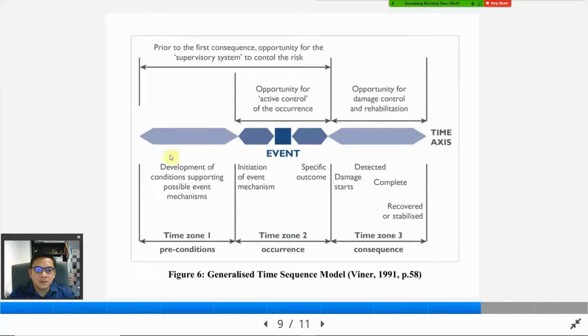So risk will be created here, risk will be created here, risk will be created here. This is where the management have the opportunity to improve, to ensure that this doesn't cause this, doesn't cause this. Okay, that is the supervisory system.